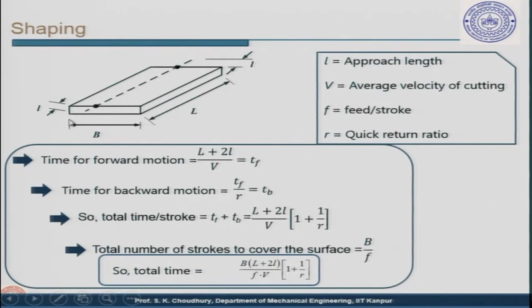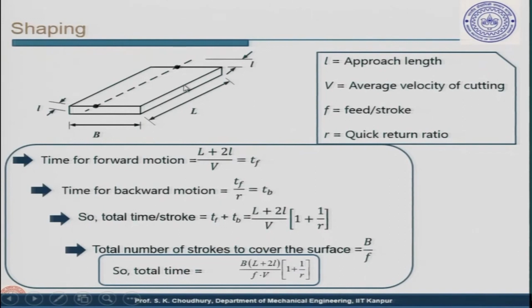Then it goes out again at a larger speed, which is faster. This length is called the approach length, when the tool is approaching, and then it will cut at a lower speed, and then again within the approach length it will go faster.